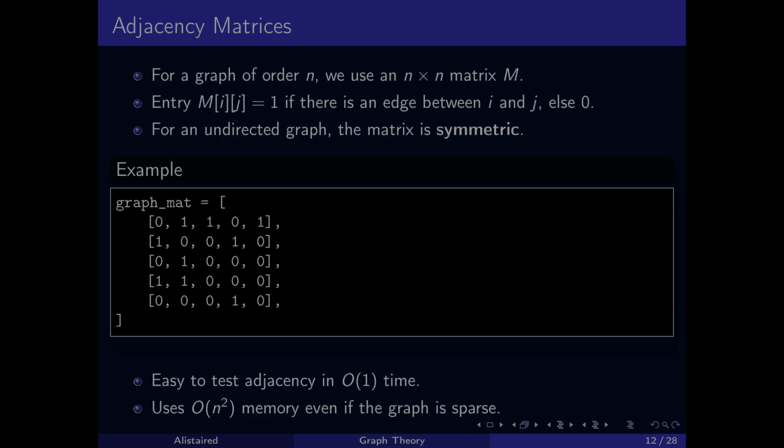Now, it's easy to test adjacency, as I said. Also, if the graph is undirected, the matrix is symmetric, so you can use a reduced form of the matrix with the orthogonal decomposition.